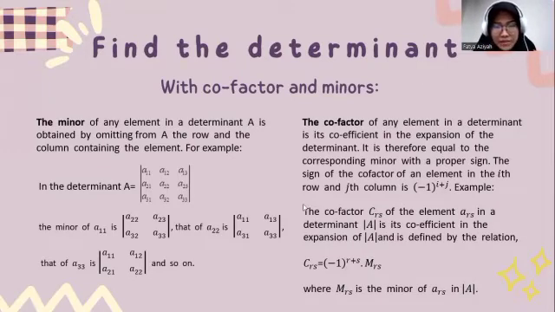For example, the cofactor of row R and column S of the element A_RS in a determinant A is its coefficient in the expansion of A and is defined by the relation cofactor RS is equal to (-1) to the power R plus S times minor RS, where minor RS is the minor of A_RS in determinant of A.